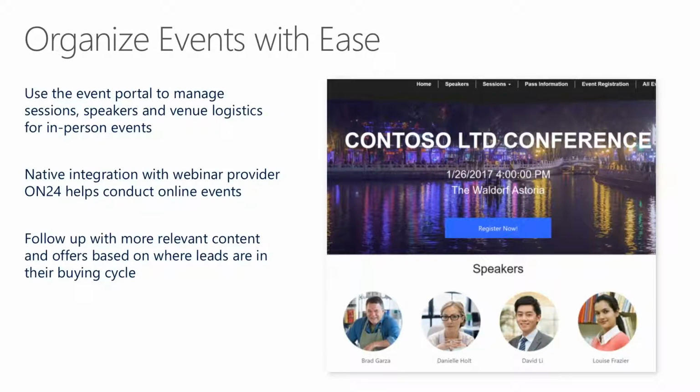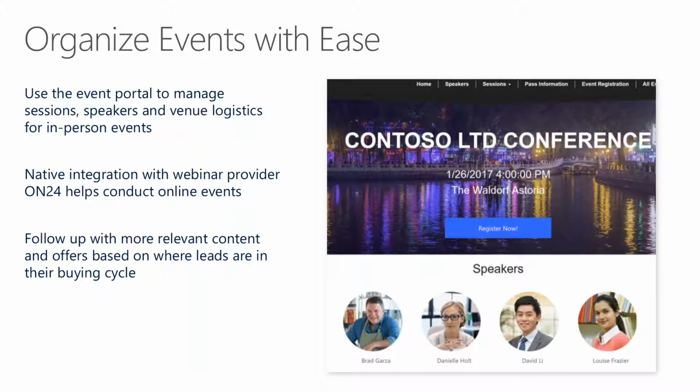Organize events with ease. I already mentioned this, but Dynamics 365 for marketing is a bit unique in that it comes with a fairly robust event management capability. This is not common. It allows you to organize in-person events with all the things I mentioned before, like sessions, speakers, venue logistics, and sponsors, but also virtual events like webinars.